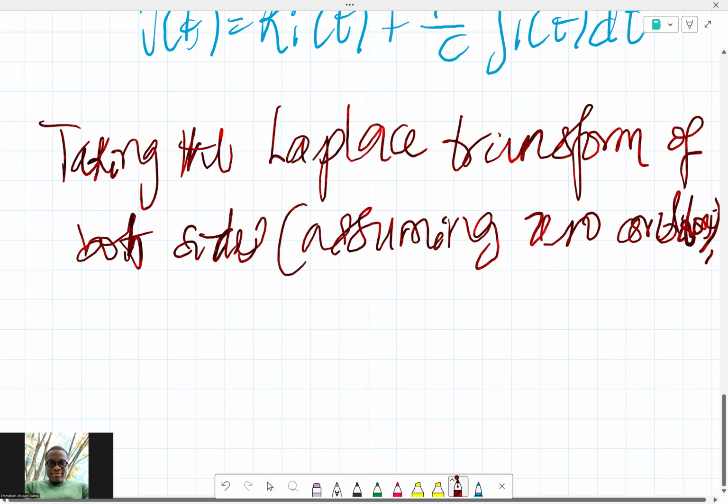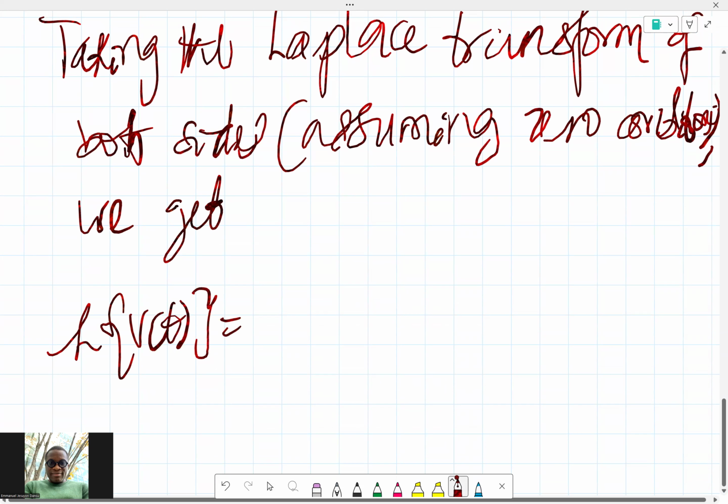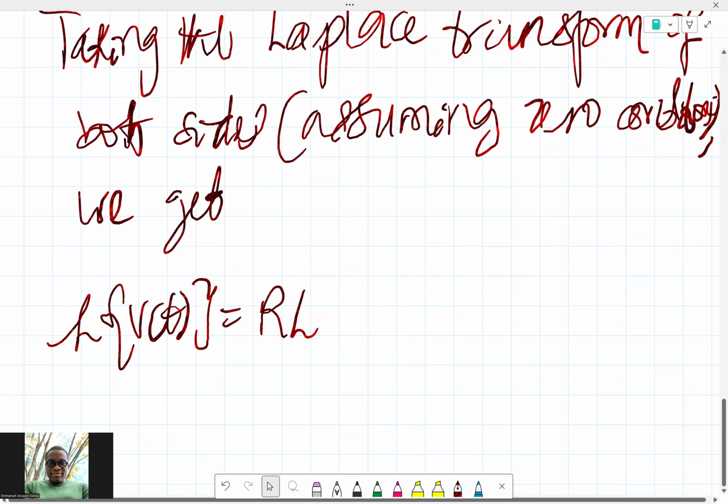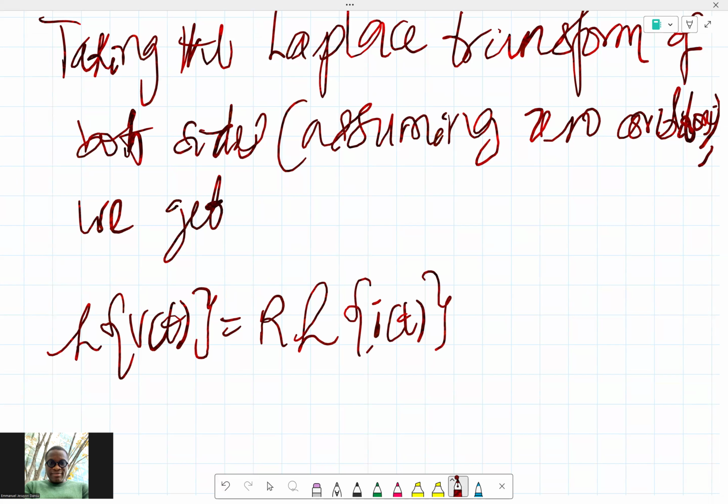In that case, we get the Laplace of V of t equal to R times the Laplace of I of t, plus 1 over C times the Laplace of the integral of I of t dt.